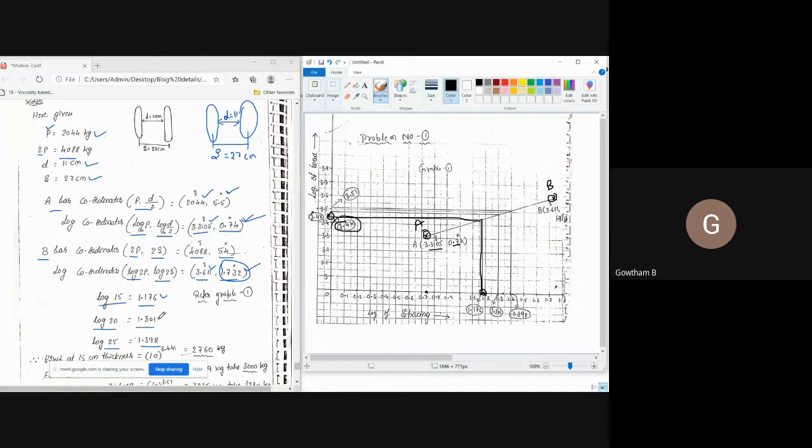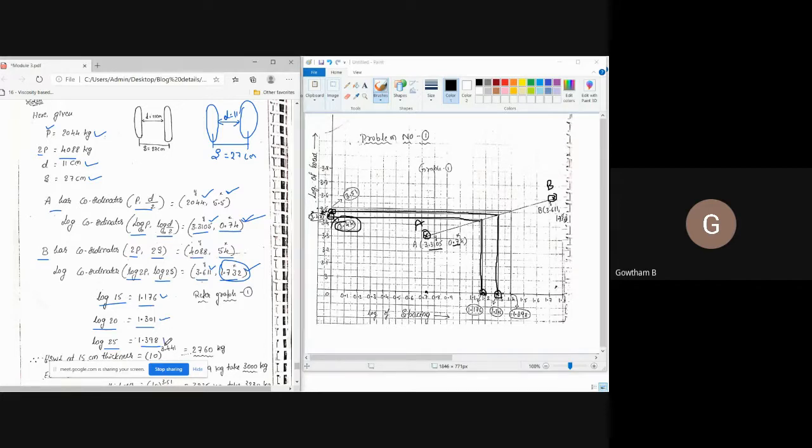Similarly, log of 20 is equal to 1.301. Locate that point in the x-axis, project a line to your AB line and project back to the y-axis, and you see what this point indicates. This will be equal to 3.48.